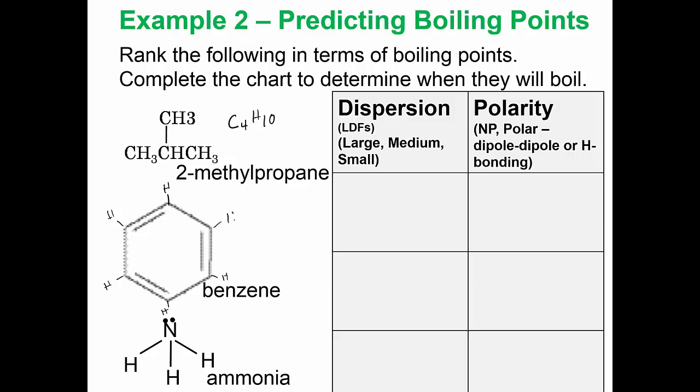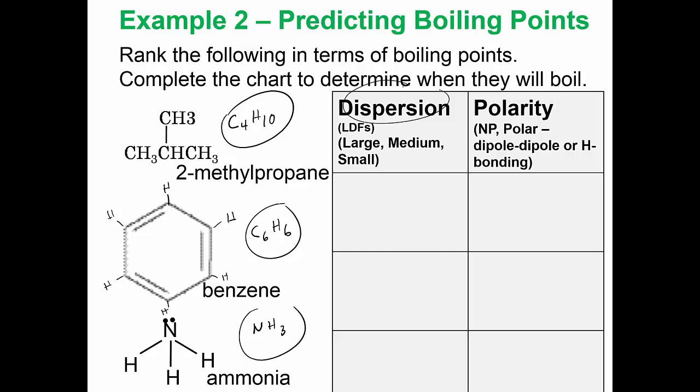So benzene, you'll see, is C6H6, and then ammonia is NH3. So these should help you count electrons a little easier. So when you fill out this table here, make sure you list the number of electrons. So count the number of electrons and actually write that number here, here, and here.